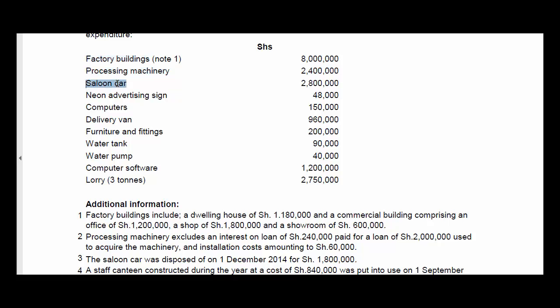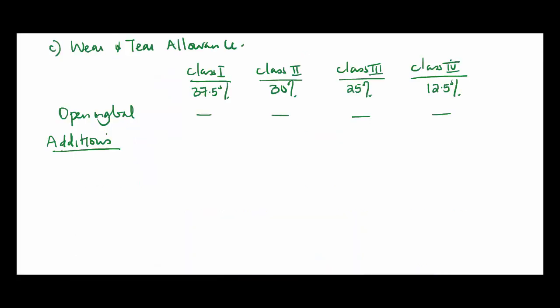Saloon car, 2.8 million. Remember, saloon car is restricted to 2 million. Saloon car is class 3. 2 million only will be taken.